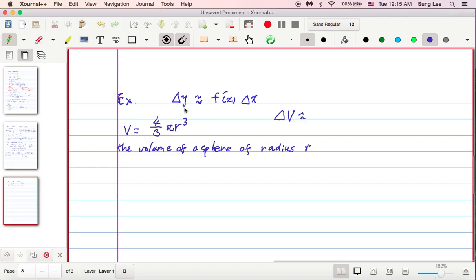So that's going to be, actually, f of x is V. So V prime, that's going to be 4 pi r squared, right? And then delta r. So that's the formula we have. That's using differentials.